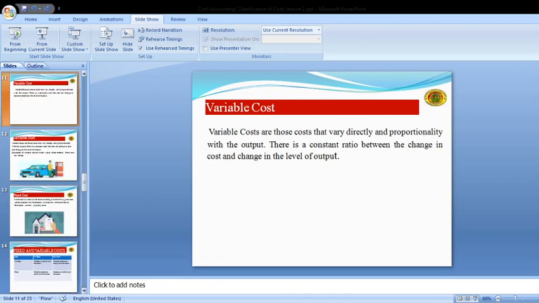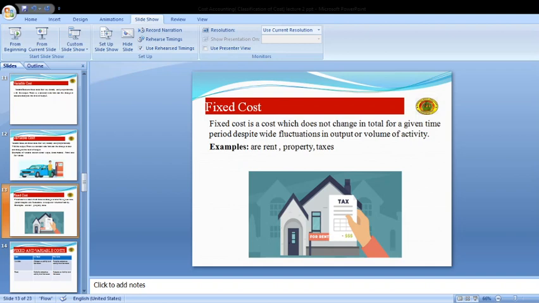Fixed costs are those costs which are related to time and they do not change with value or with the level of activity.